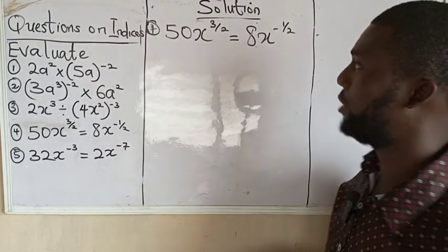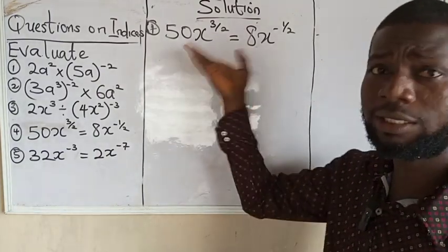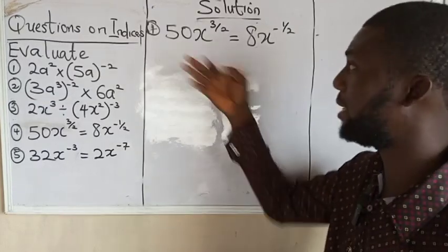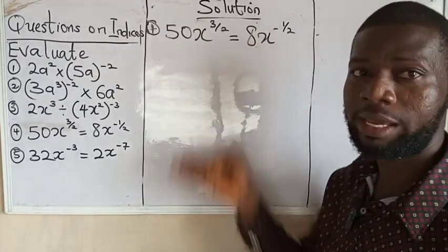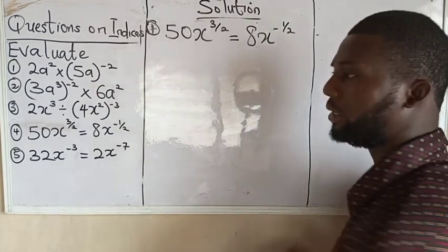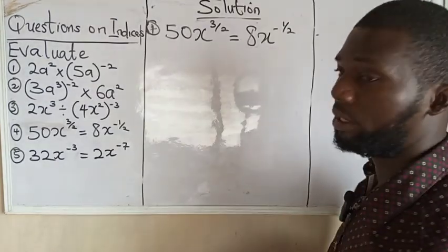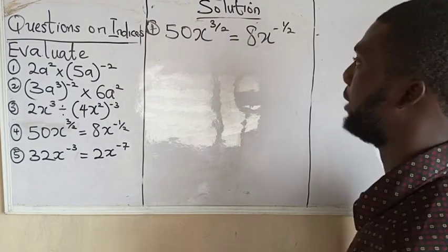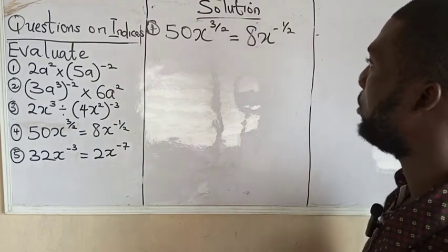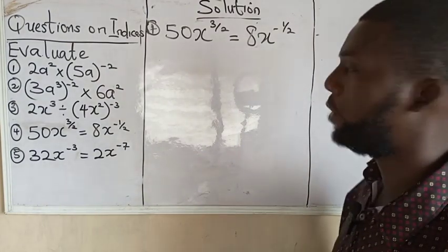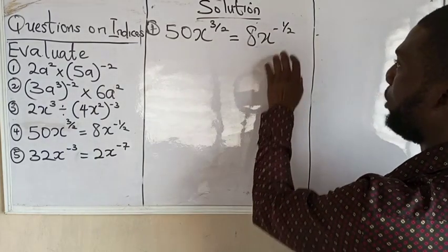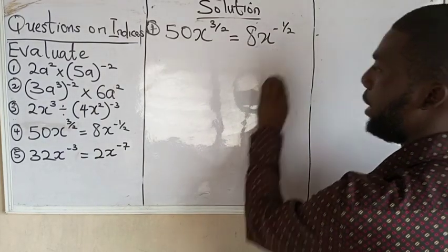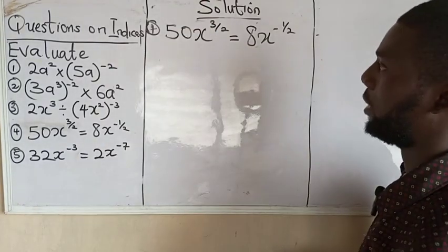You can see that the question is kind of scattered: 50x, 8x, x here, x there, number here, number here. So why don't we arrange by putting the value of x on our left hand side and numbers on our right hand side? So how do we go about it? Let's proceed. Our aim now is to convert letters from here to our left hand side. So how do we do that?